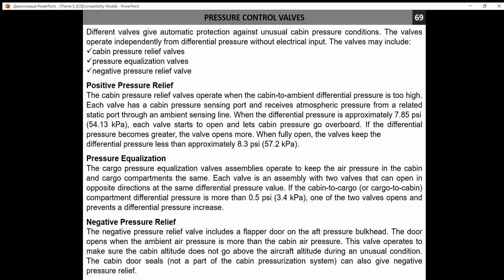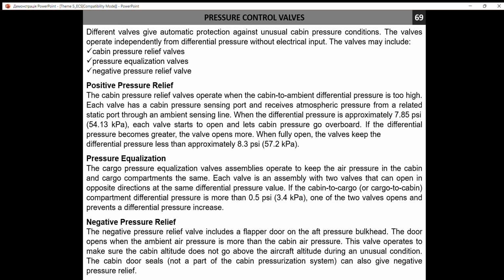Then pressure equalization valves. In most airplanes they are located in the cargo compartment, and they keep the air pressure in the cabin and cargo compartment the same, because, as you remember, the difference of pressure may be a significant factor for the strength and integrity of the cabin, and it should be not more than 0.5 psi.